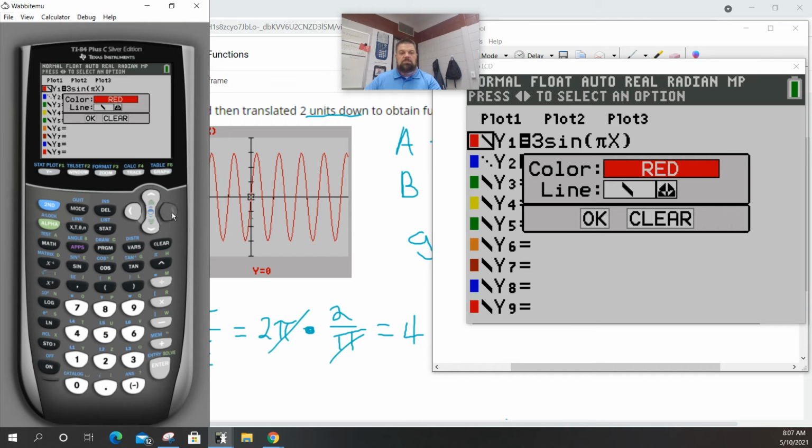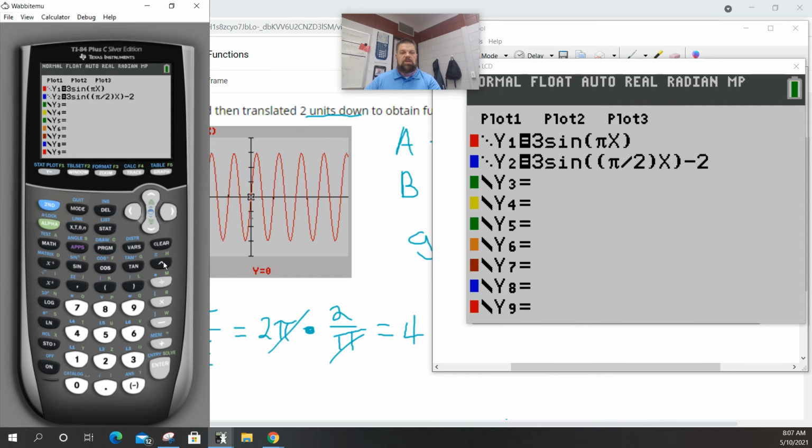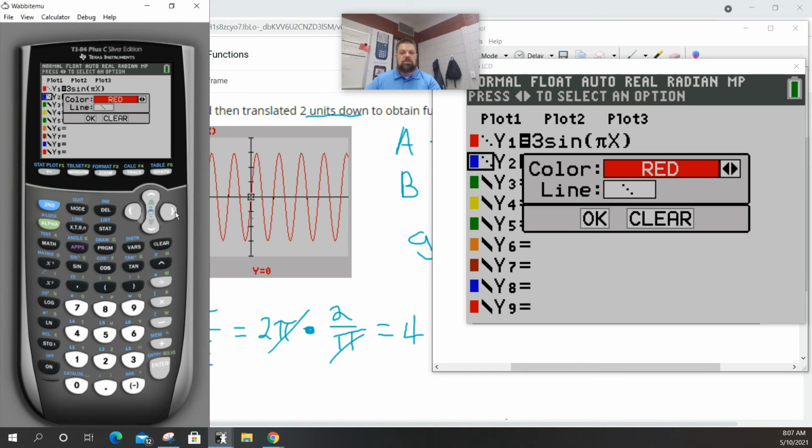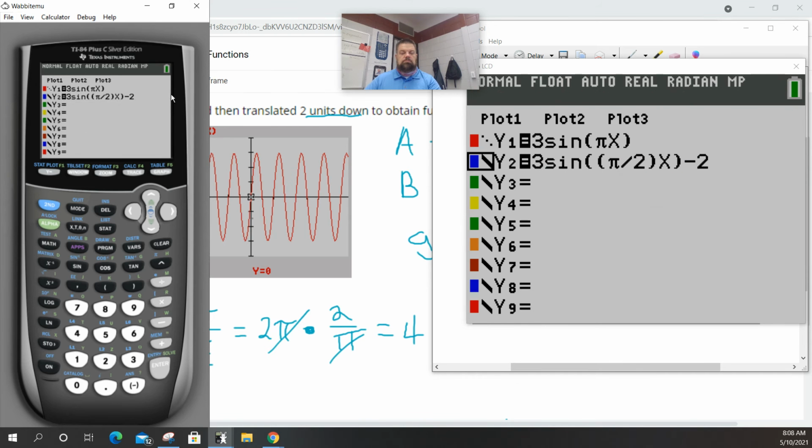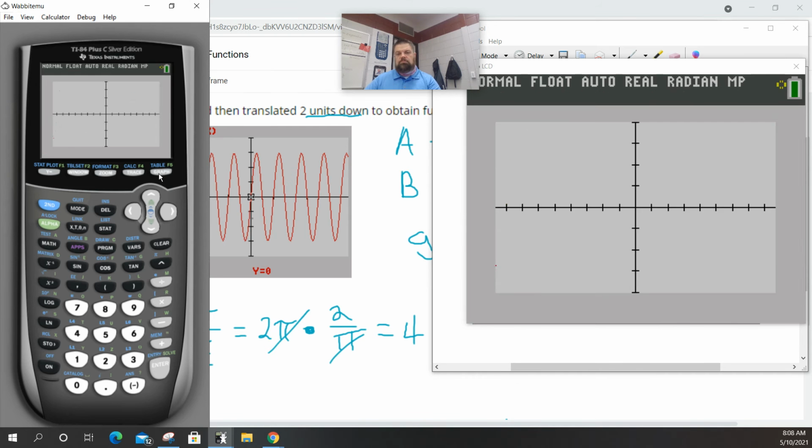I'm going to make the parent function that we started off with a dotted line, and then I'm going to make our new function a solid line. Let's see what that looks like. So there's the original function that we started off with, and this is the new function.